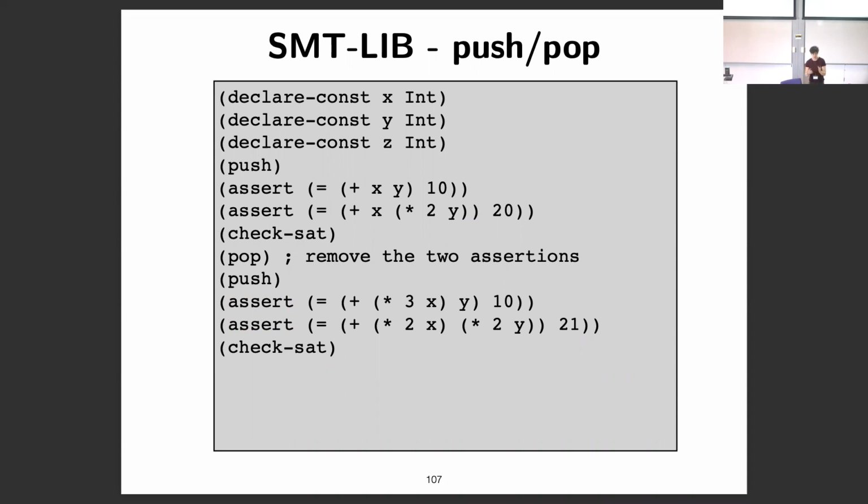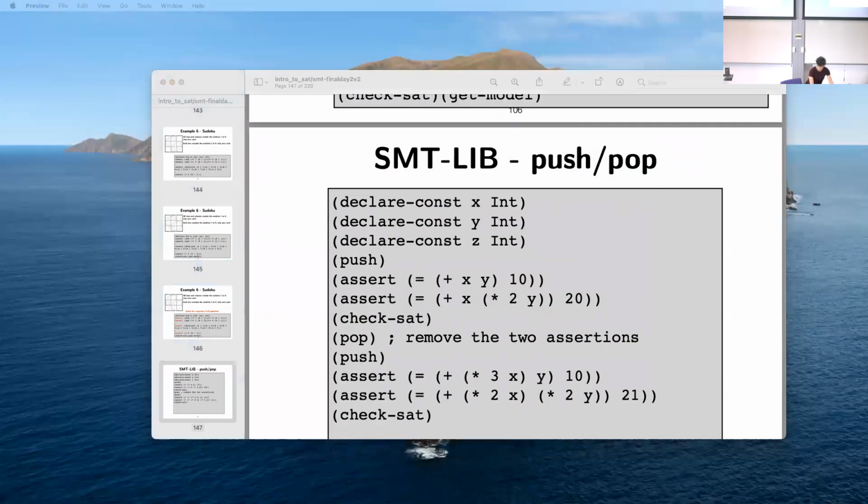If you're solving multiple problems that are the same, you can put a push before some of your assertions, and then your pop will remove everything back to the last push, which means that all of the work your solver has done to get to the point before the push, it doesn't need to redo.